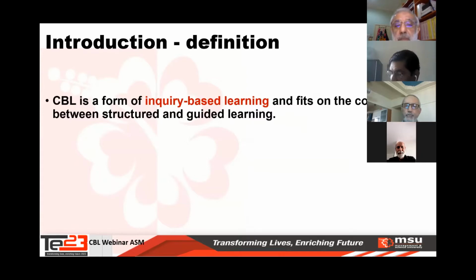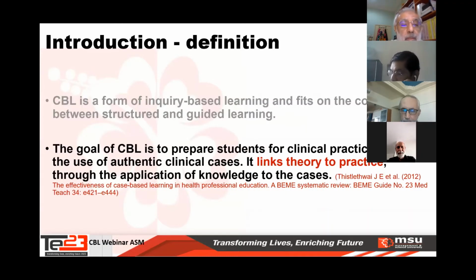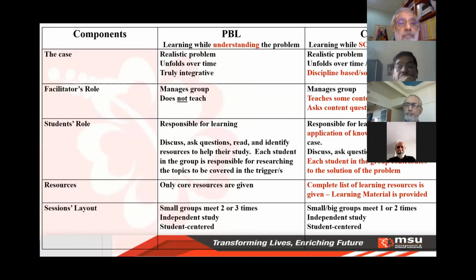It is an inquiry-based learning where students are required to ask a lot of questions, then analyze the information, and then apply that analysis to the problem at hand. And it links theory to practice. So again, the question of application of knowledge: whatever students have learned theoretically, they would learn how to apply in practical situations.